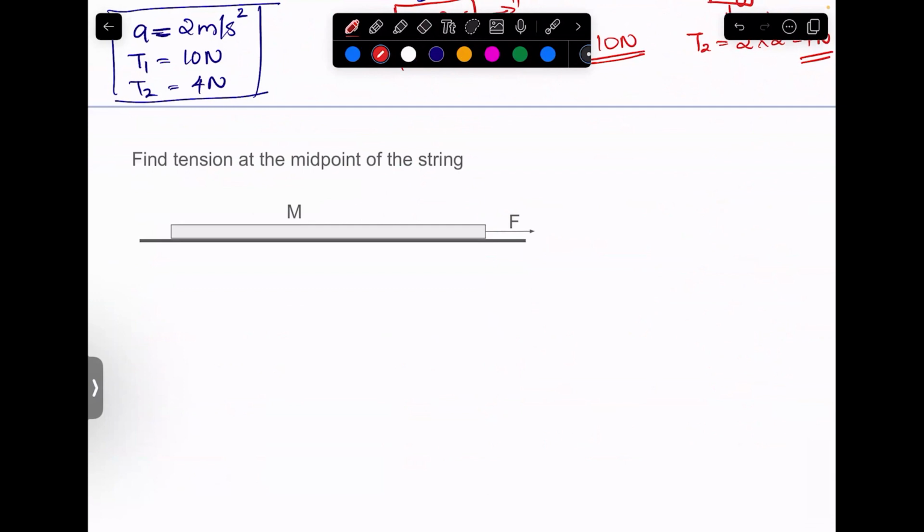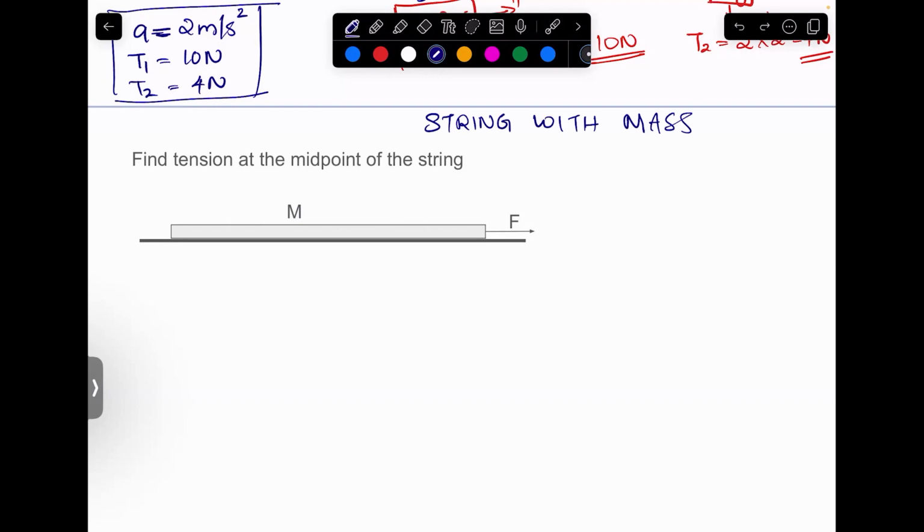That's why sometimes you cannot neglect the mass of the string. So this is a string with mass problem. If the mass of the string is given, you should not neglect it, and you have to use that mass to solve your problem.